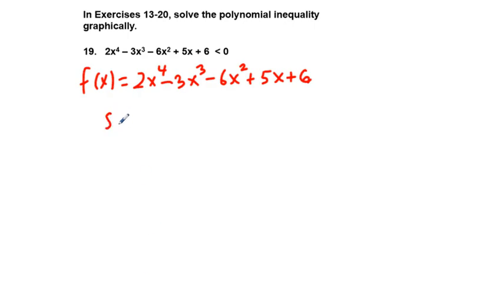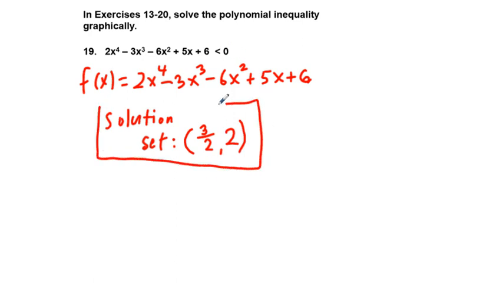So we say solution set, we're looking at less than, so in interval notation we use parentheses. So we have 3/2 comma 2. And we have parentheses because of this less than.